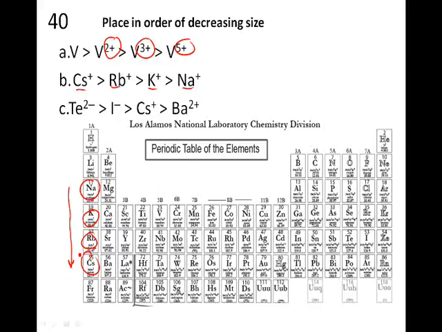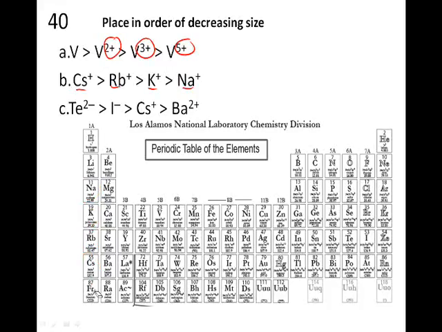And of course, we're going to get bigger and bigger as we go down. Of course, we've placed them in decreasing size, so I should say this is the way the size will decrease.